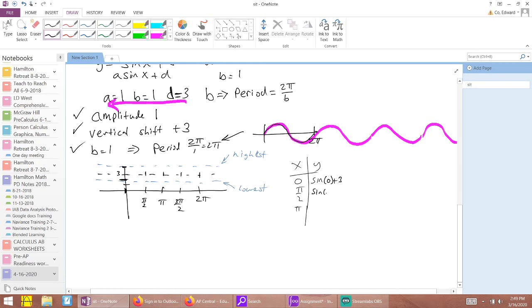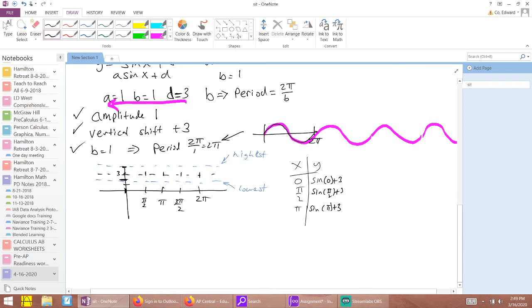Sine of pi over 2 plus 3, sine of pi plus 3. But please don't do that. The idea of us drawing this framework here is because we're going to follow our waves here.